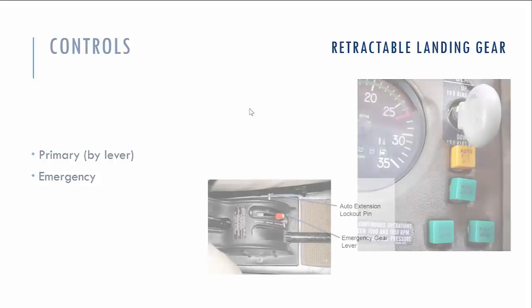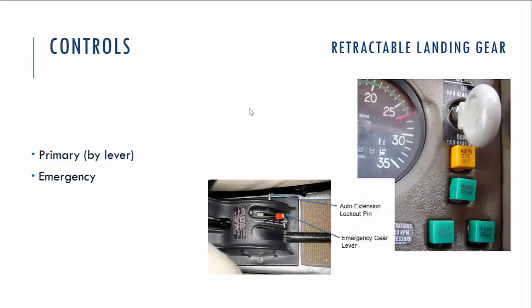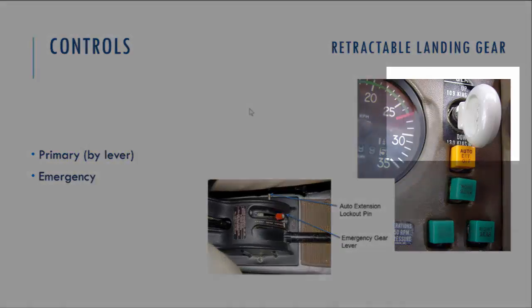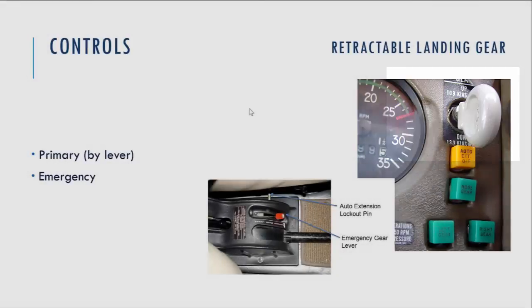To control the landing gears, we have a primary circuit and an emergency circuit. The primary system is just the normal system, and you could find some kind of lever or knob on the dashboard to change the position of the landing gear, to move them up or down.